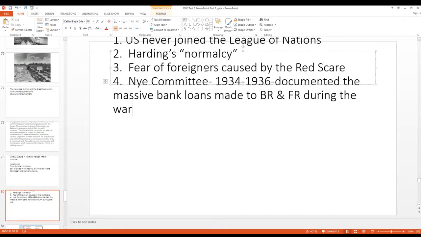It also documented the massive profits that had been made during World War I by arms dealers, manufacturers, and so on.